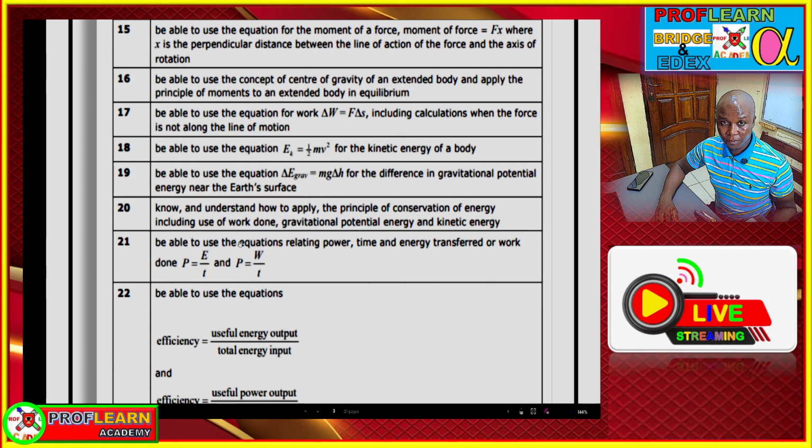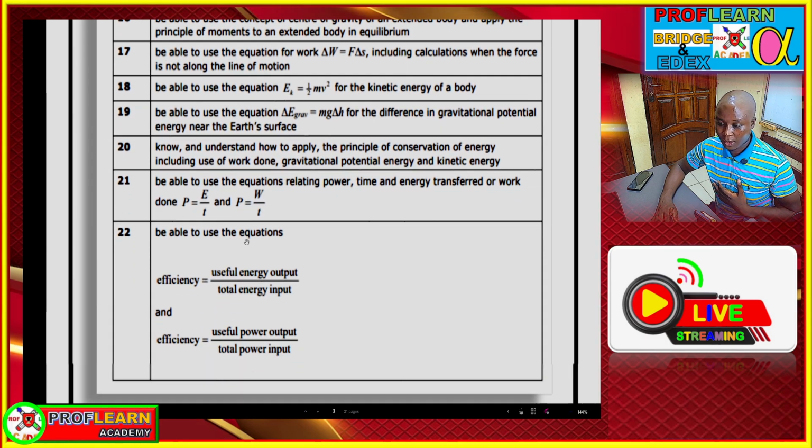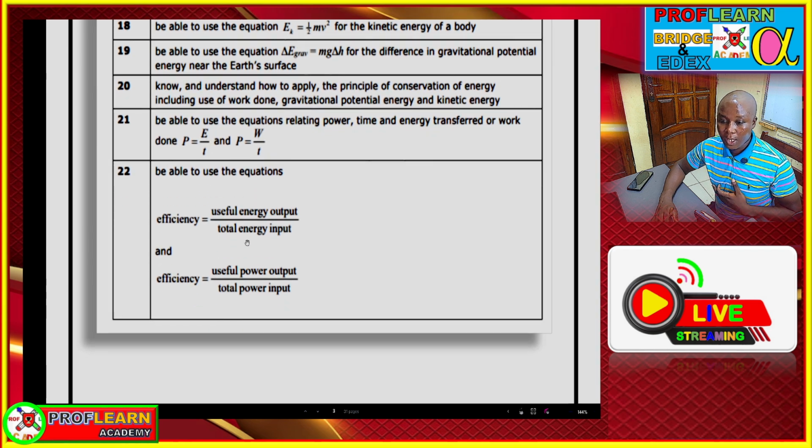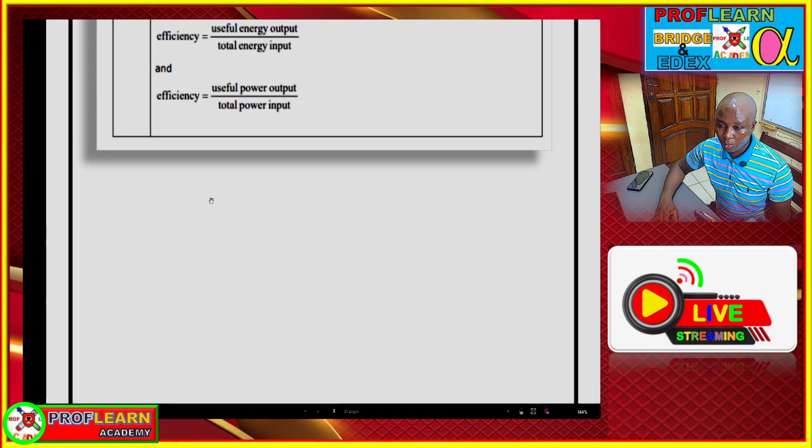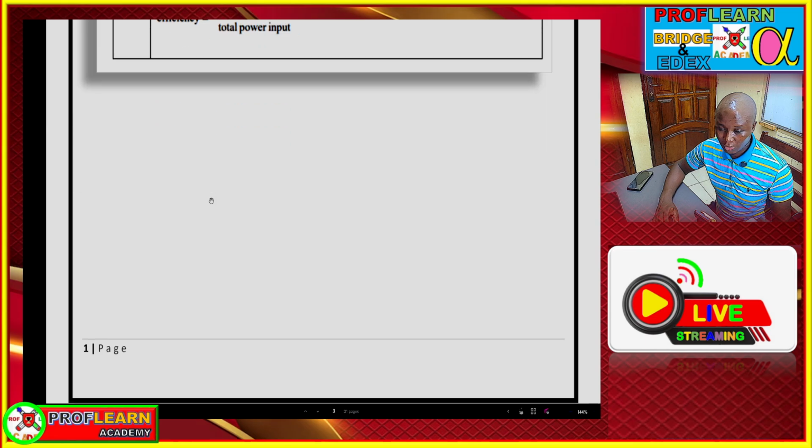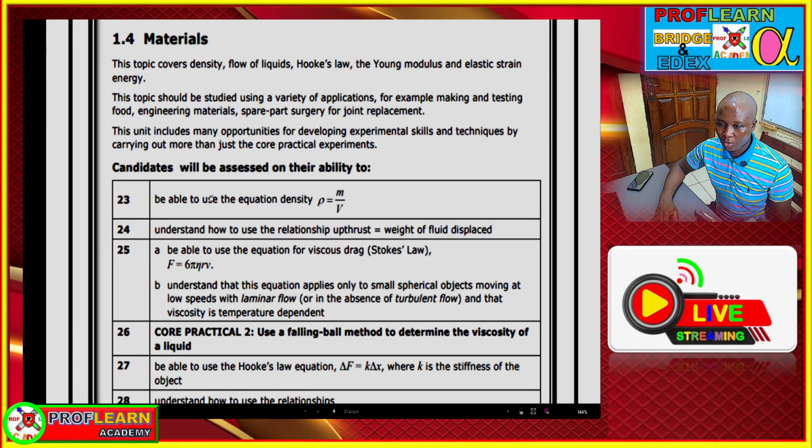Power is the rate at which work is done. That one you really need to understand, and work and power can be related by the formula power equals work over time, or energy over time. Don't forget to look at concepts to do with efficiency, because that's an area that is going to be tested also.